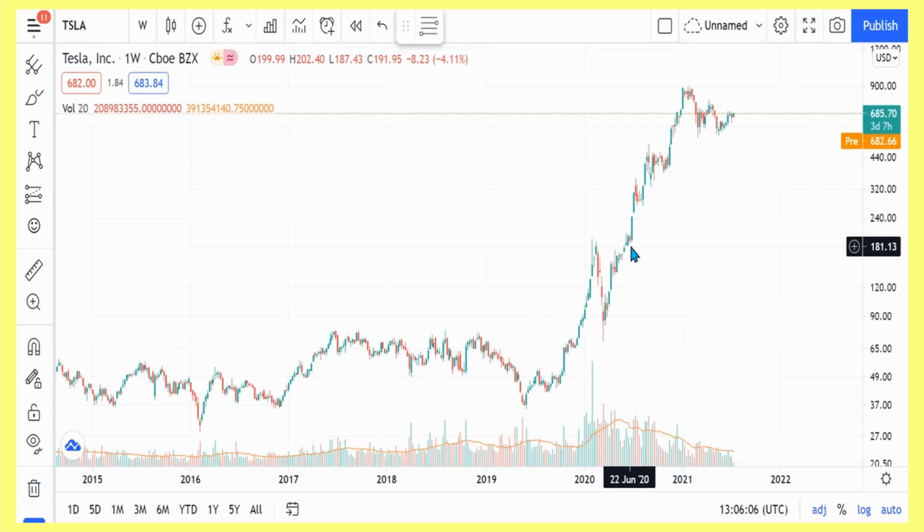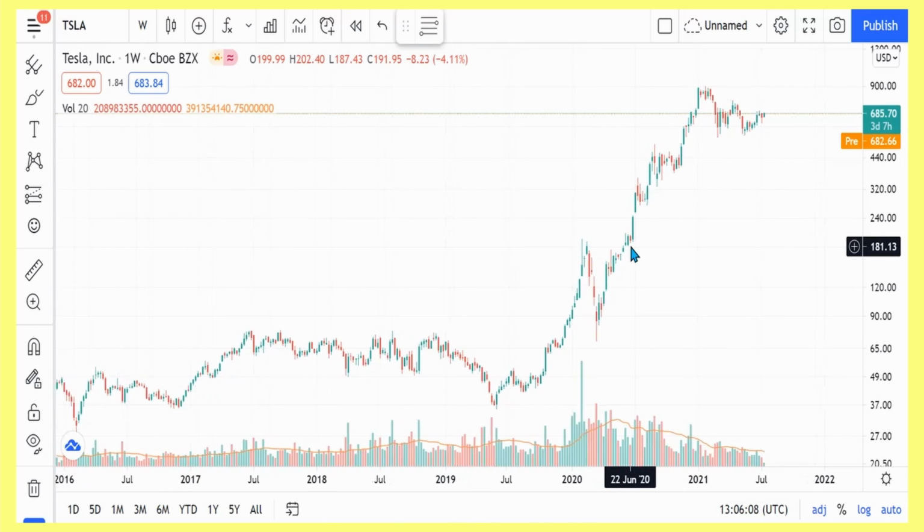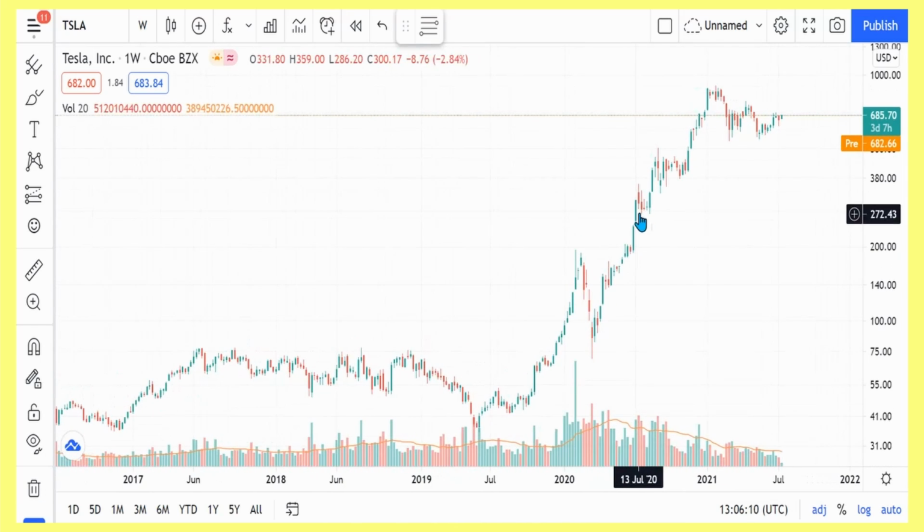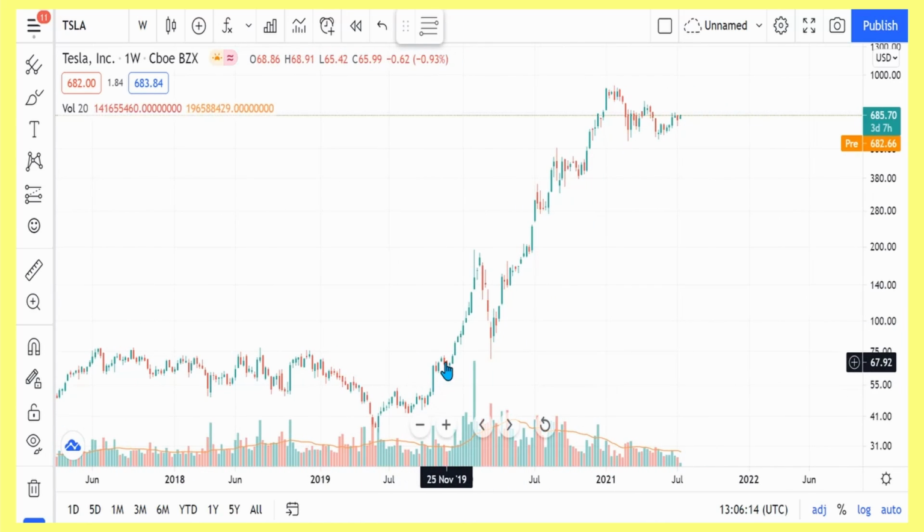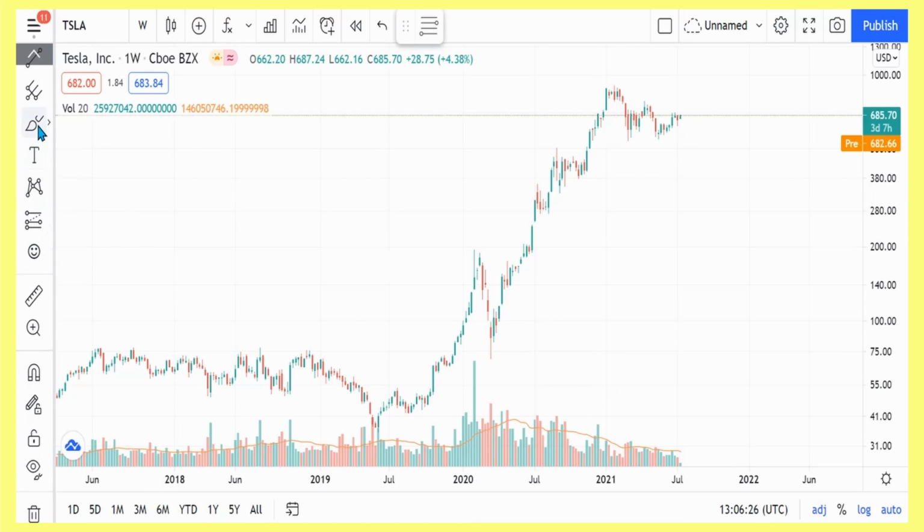If you zoom in on this chart, let's try to identify a long bullish candle. Along this first up move, we've got to look for a long bullish candle, and we do find one here.